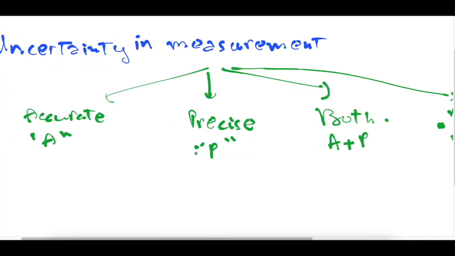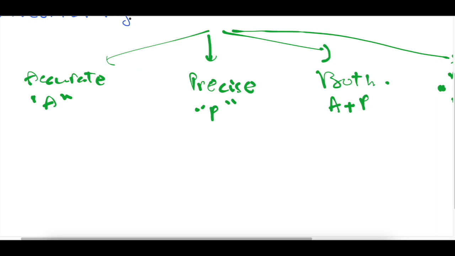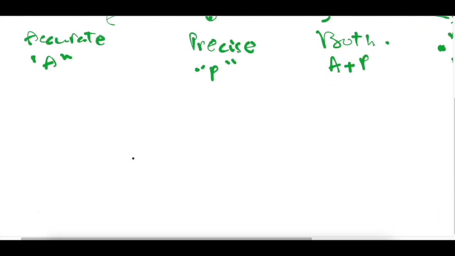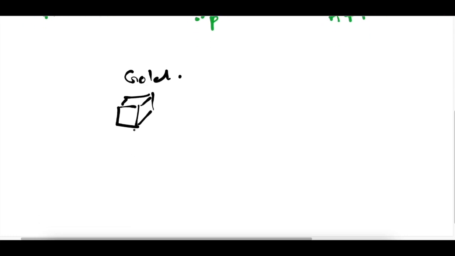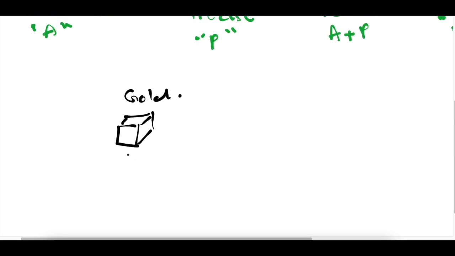So let's suppose that we have a sample of gold. Here we have a gold. And this sample of gold has a given mass, a known mass that we call the true value.